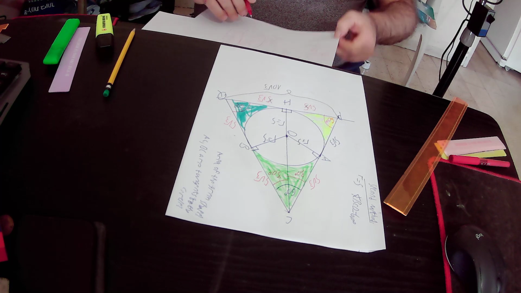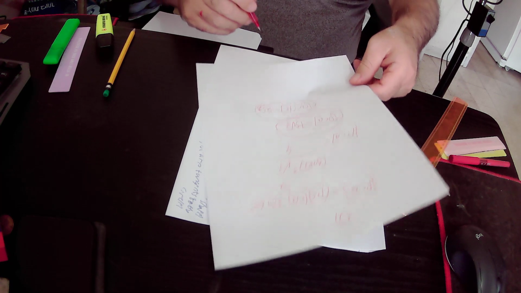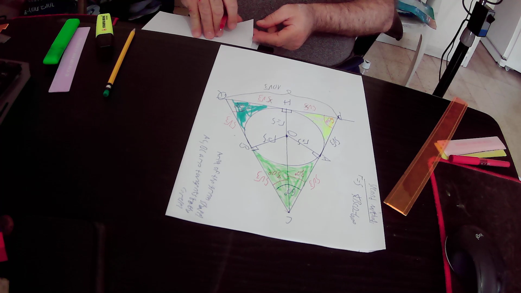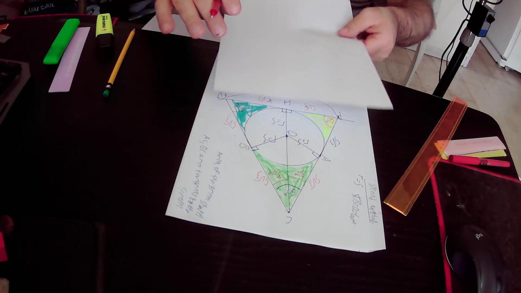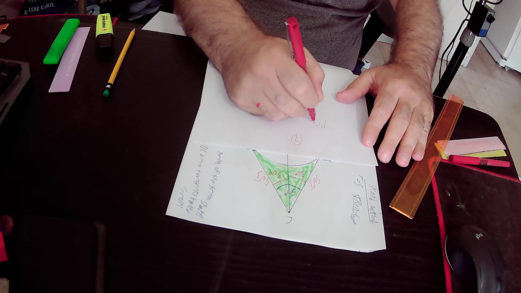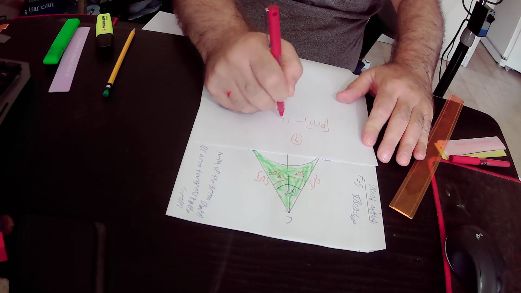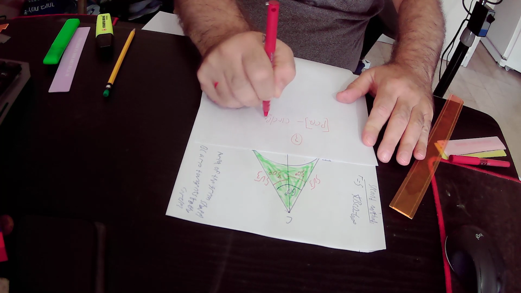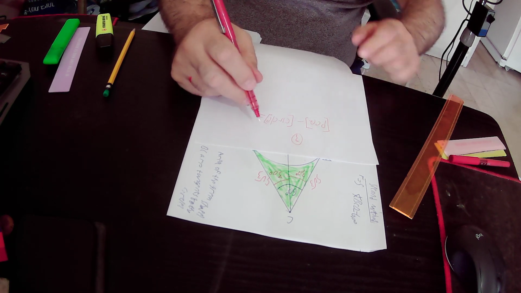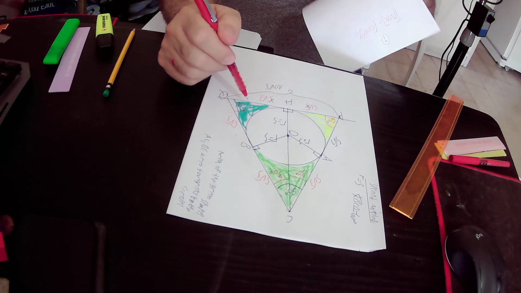So the area of equilateral triangle PCQ minus the area of the circle equals the area of the three shapes: the area of the green shape plus the area of the yellow shape plus the area of the blue shape.